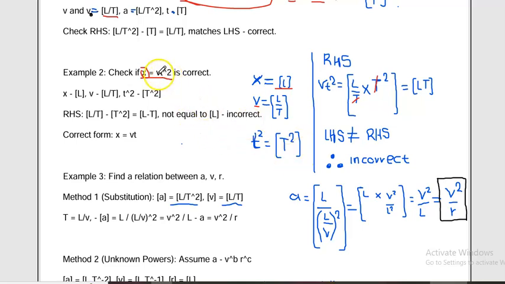Now when we multiply this and this, L over T times T squared, our result becomes this one. And from this, we know that the right hand side is equal to this, and the left hand side is equal to this. We can conclude that the left hand side and the right hand side are not equal. That means the equation isn't correct.